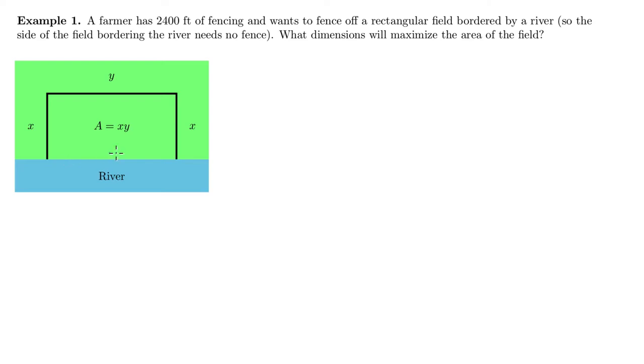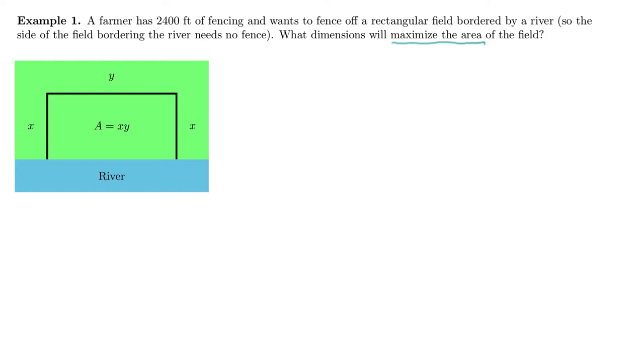So we don't have a side of the fence along the river. And here we go. What dimensions will maximize the area? Okay, so what does that mean my objective function is? I'm trying to maximize area.